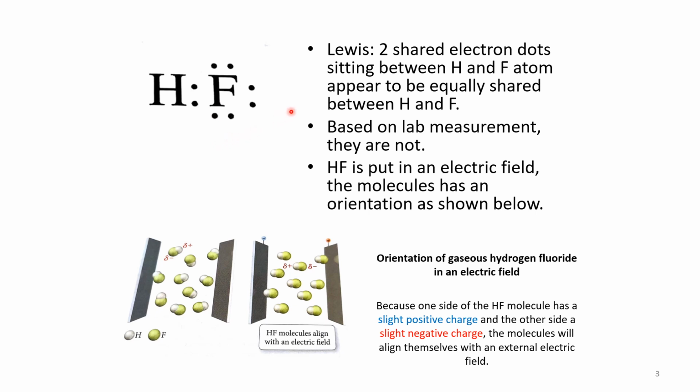So, from the Lewis structure, there are two shared electron dots sitting between the hydrogen and fluorine atom that appear to be equally shared between the hydrogen and fluorine. But based on the lab measurement, they are not. So what happened?